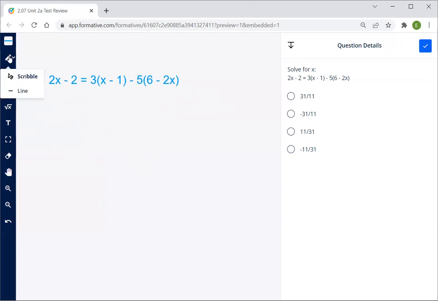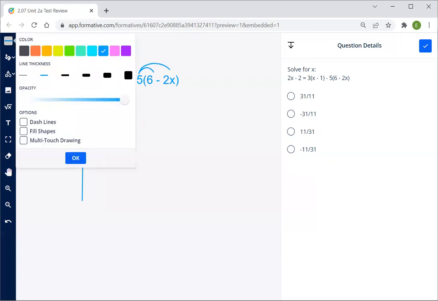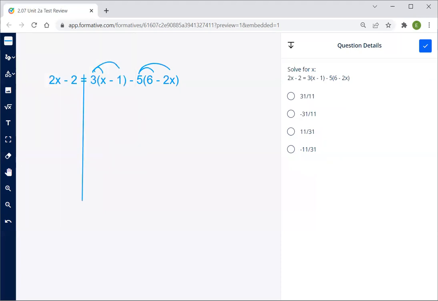Okay, so I always start with drawing the line down the middle. And the first step we want to do is to distribute. We actually have 2 distributions, but if you're writing out your steps, number 1 is always distribute.